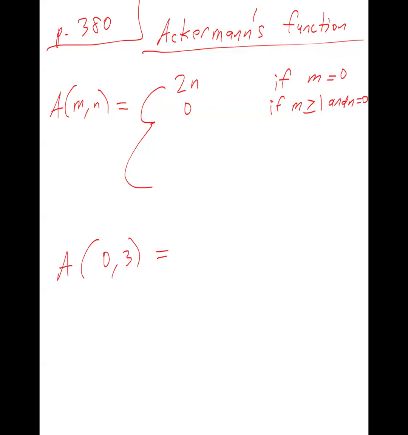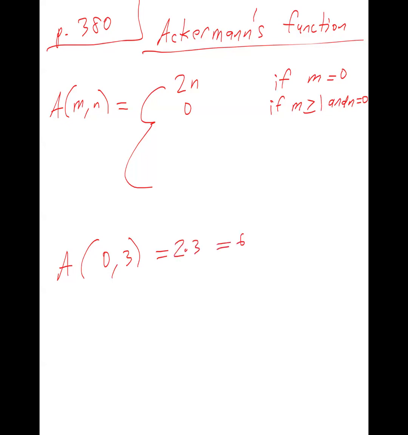Top piece, right? So we plug 0, 3 into the top piece, because it says if m, the first number, equals 0, the answer equals 2 times the second number. Second number is called n. So what's the output value for A of 0, 3? It's 2 times the second number, which is 6.